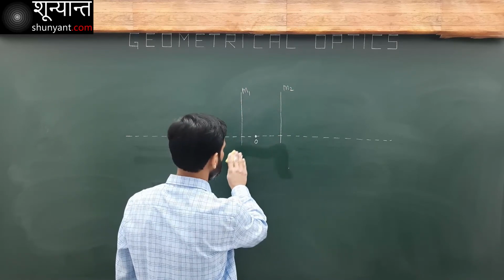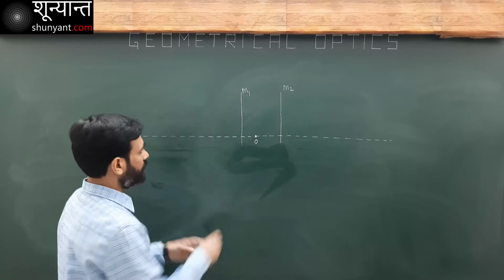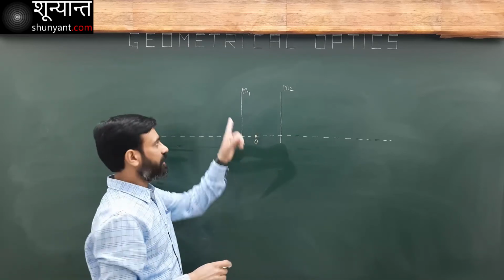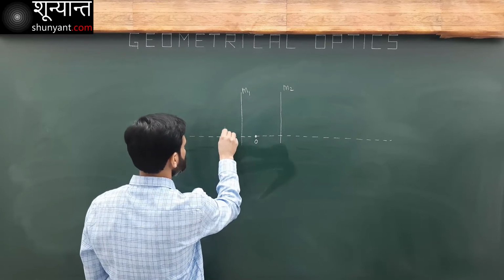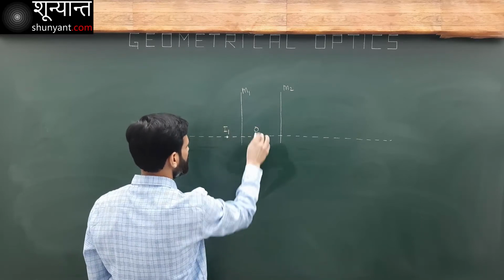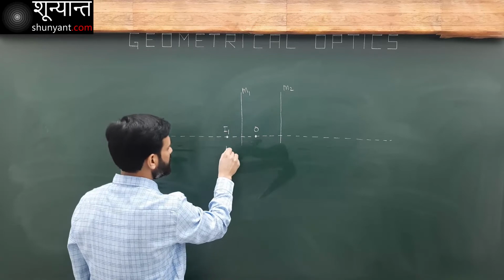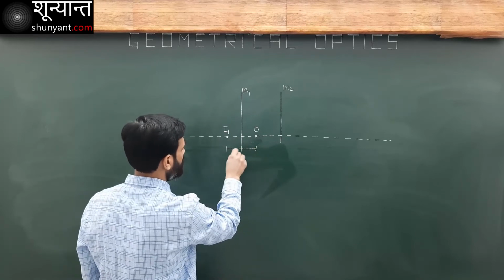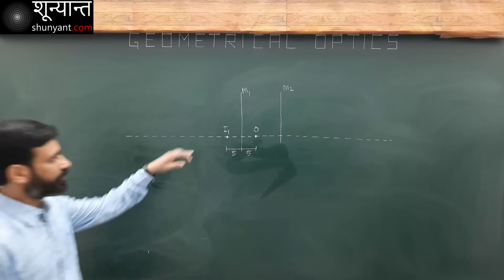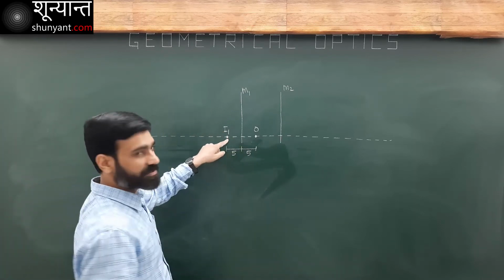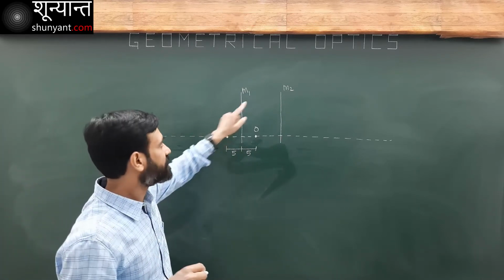Now what will be the distances? First image from M1. I am going to get my image here at the same distance. This becomes I1. These distances are going to be 5 centimeter and 5 centimeter. Now this becomes an object for the second mirror.